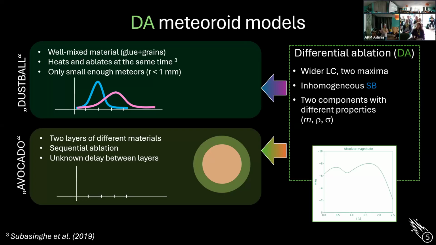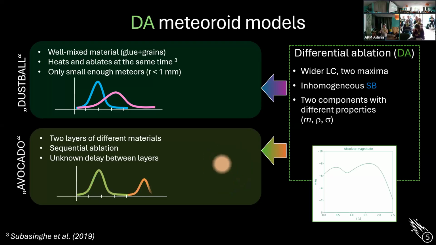And we wanted something that could be used on a wider variety of cases. So our idea was to make a so-called avocado model. And that's because we have two layers, similar to how a real avocado looks.